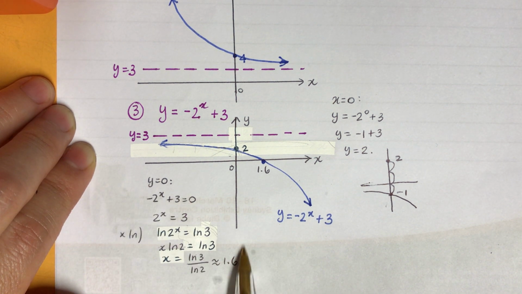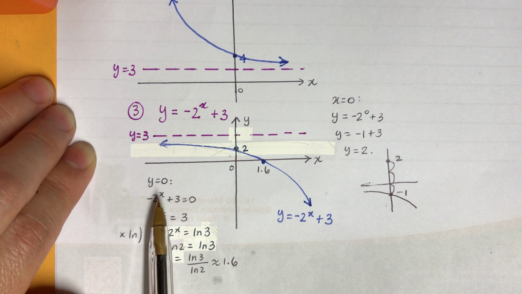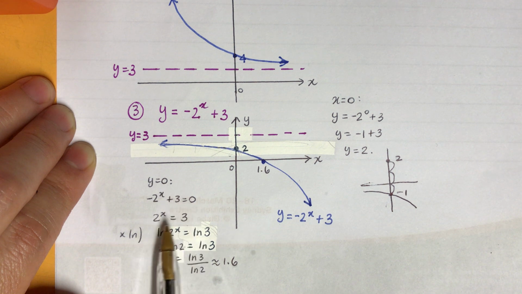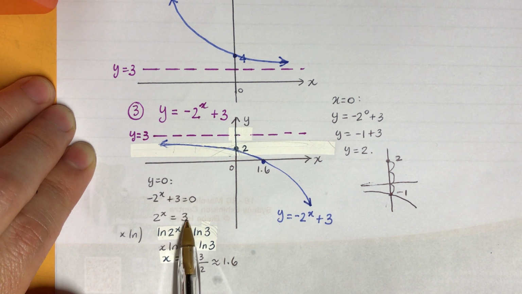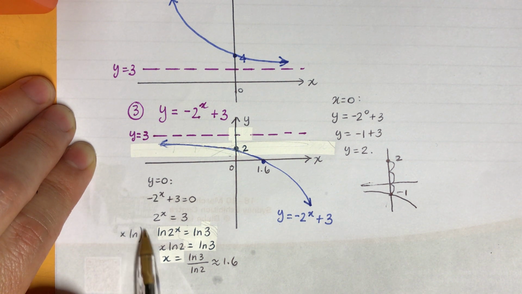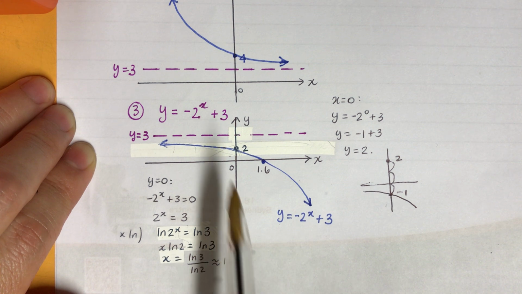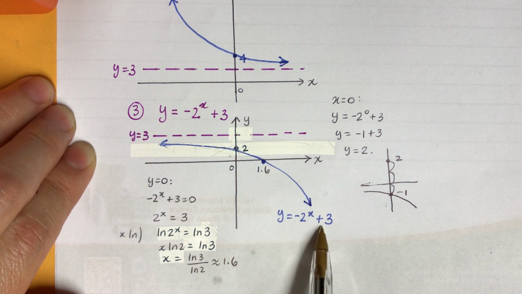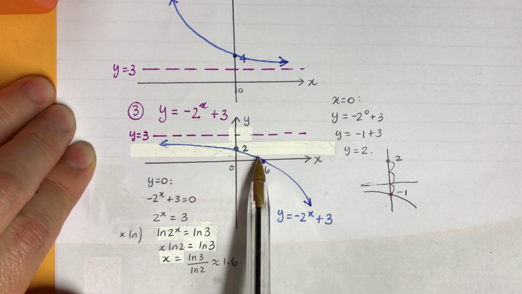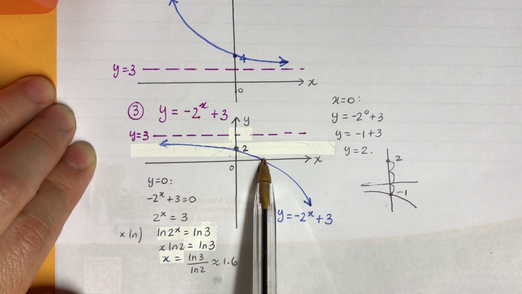For the time being, when you put the 0 there, I think we're all okay up to here. And you have to take ln, which is a log. If you haven't done log, this is going to be very hard. So for the time being, you just have to look at the shape of it, even if we don't know the x-intercept.